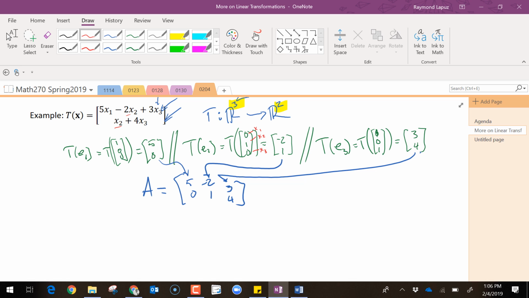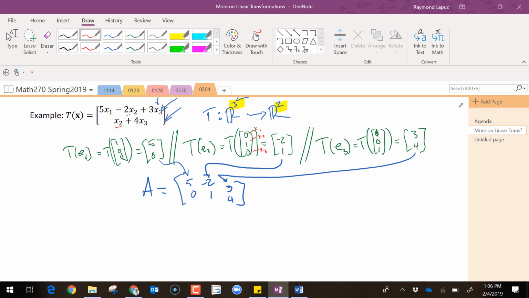There's nothing that says that R3 has to be represented by the E1, E2, and E3, the IJK vectors. That's what we always do because that's the easiest representation of R3. But if for some reason we represent R3 with 3 new vectors, then I'm going to have a different matrix that would still be representing the same transformation.